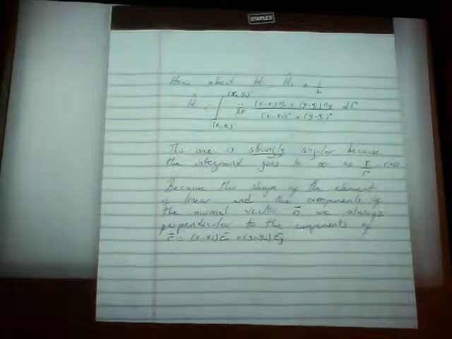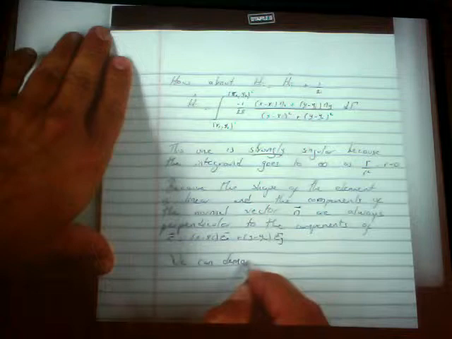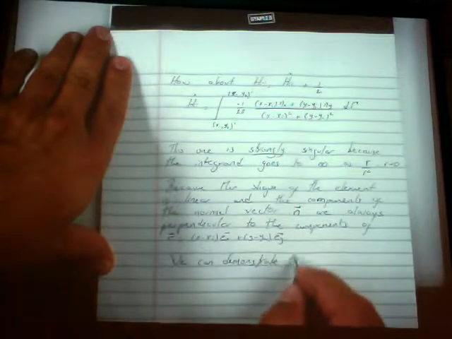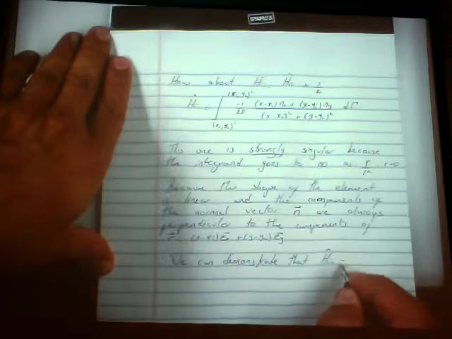In this case, we can demonstrate that HII hat is equal to 0.